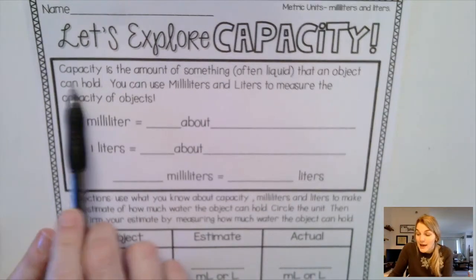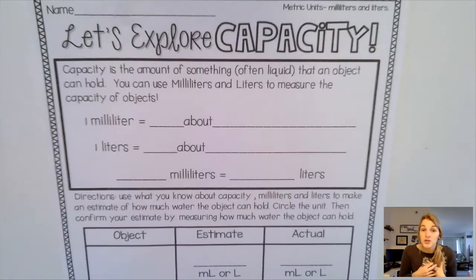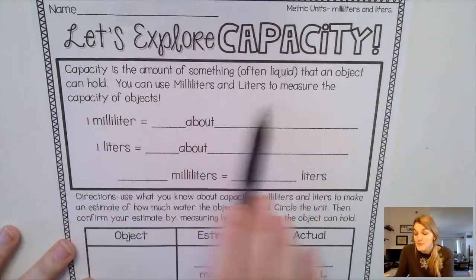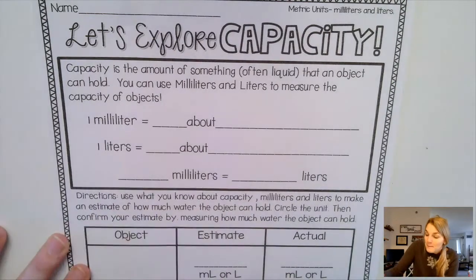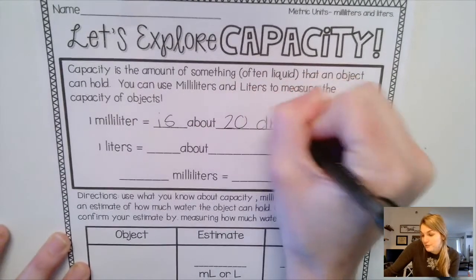It says capacity is the amount of something, often liquid, especially now because we're talking about liquid volume, that an object can hold. You can use milliliters, remember the little ml, and liters to measure capacity. So remember 1 milliliter is about 20 drops of water.